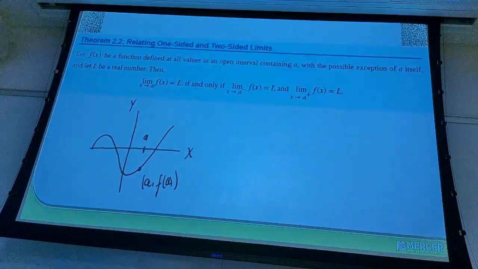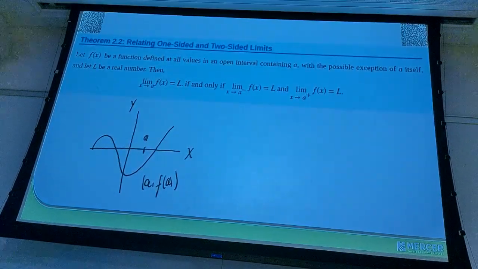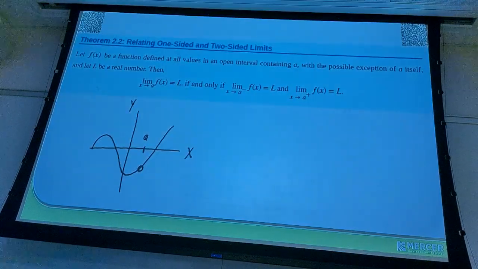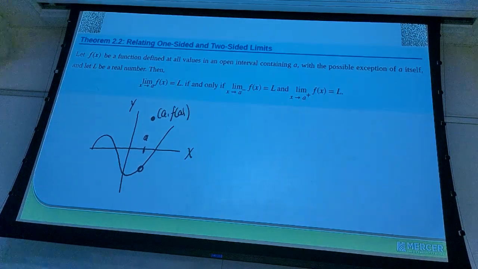Let's pretend instead it's open there. So that point no longer exists. Let's call that value down there B. Why not? I did the wrong one. It's actually here, right?